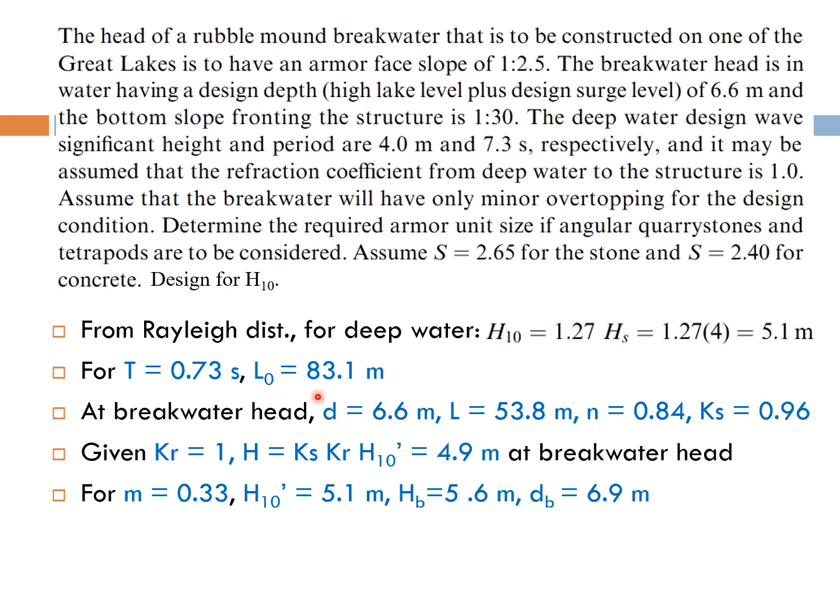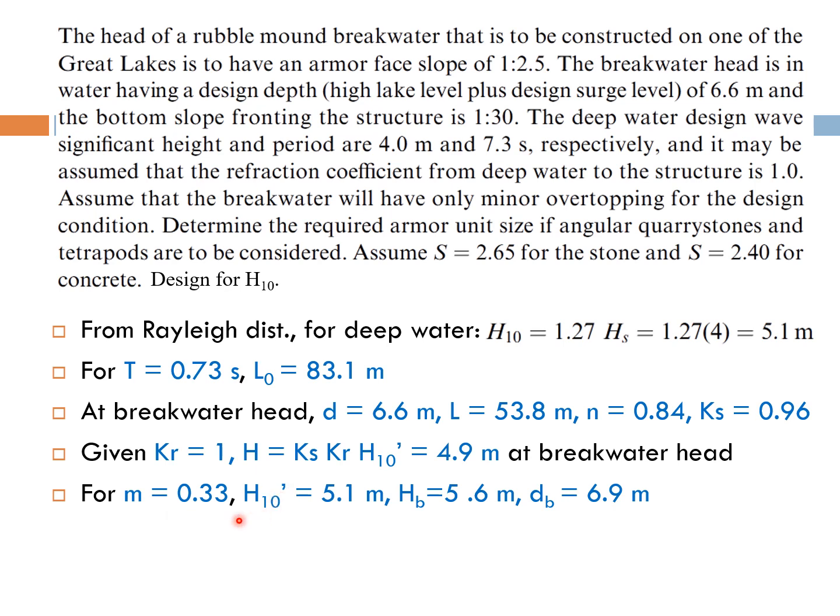We can also find out whether this wave is going to break at this particular water depth. Since we know that the bottom slope of the beach in front of the structure is 1 to 30, that will give us m equals 0.33, the beach slope.